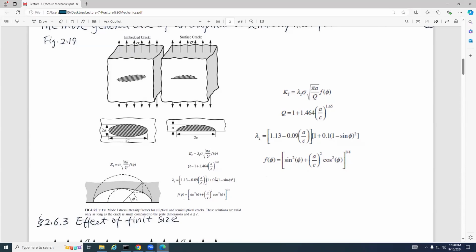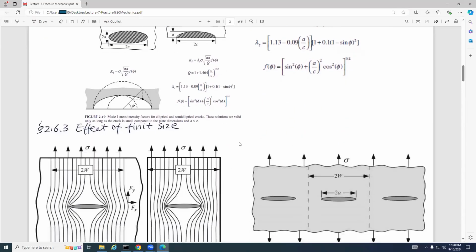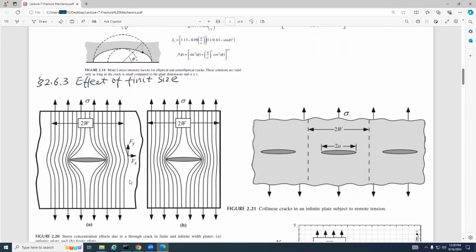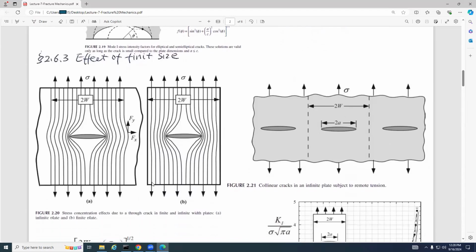This is kind of small, so I just rotate it here. Then we take a look at the effect of finite size. For this case, we just think we have a crack, but we think it is very, very wide, infinitely wide.